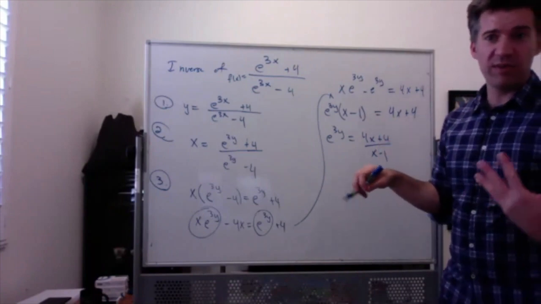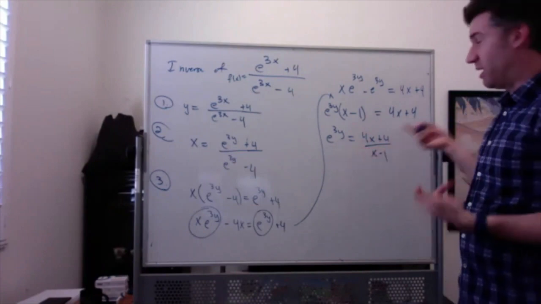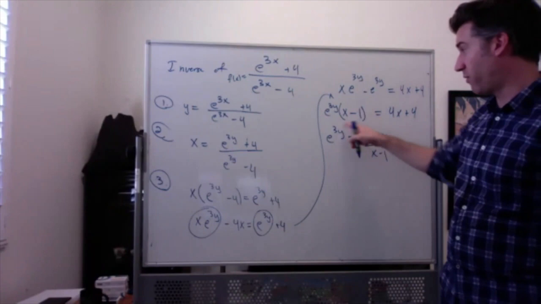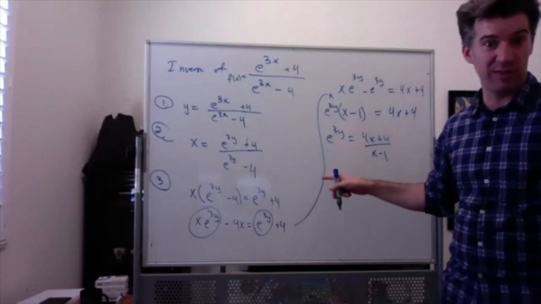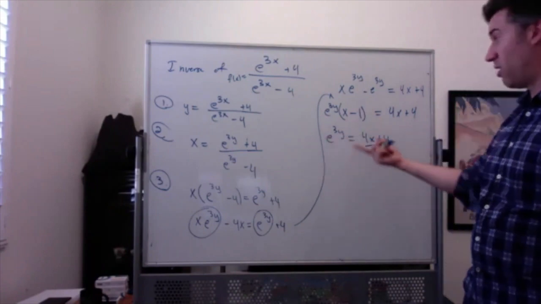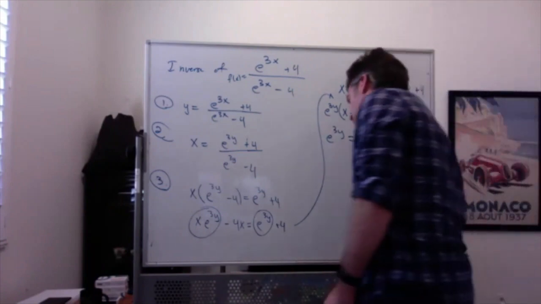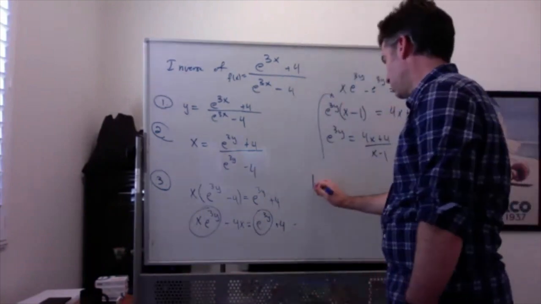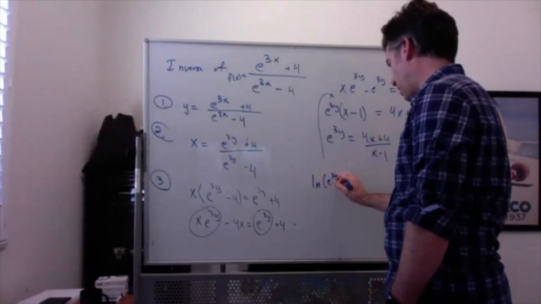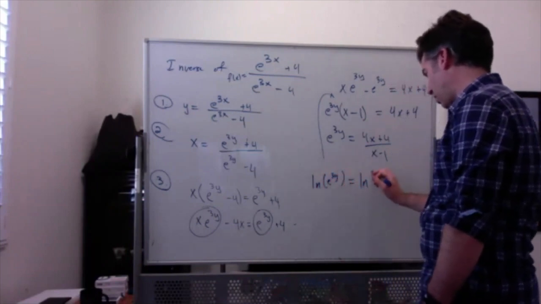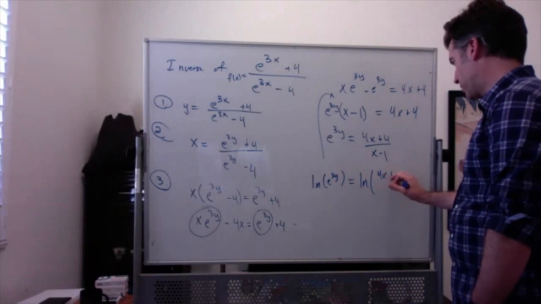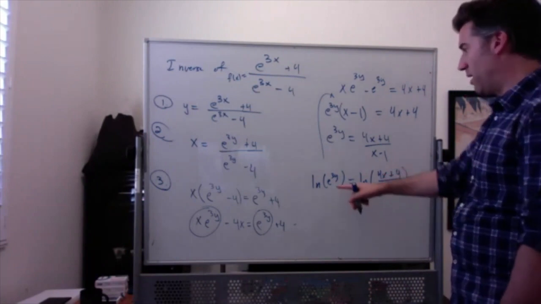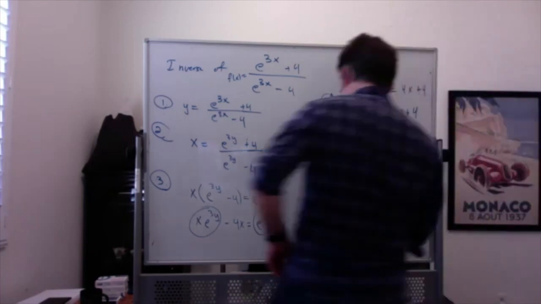Now, in the previous problem, we kind of got to stop here. At this point, we have to do 2 additional steps. If we're trying to solve for y, we have to take the natural log of both sides. So the natural log of e to the 3y is the natural log of 4x plus 4 over x minus 1, and that is 3y.